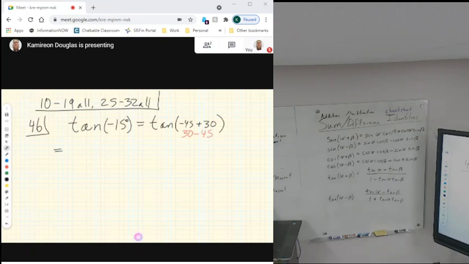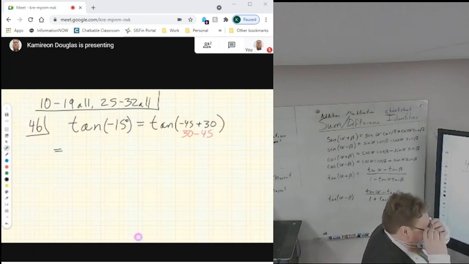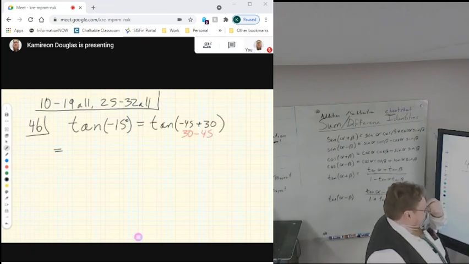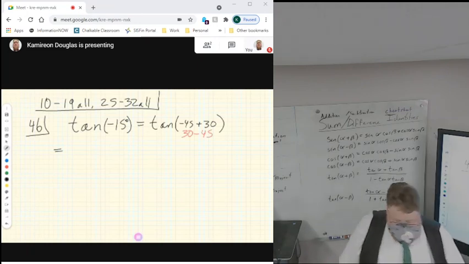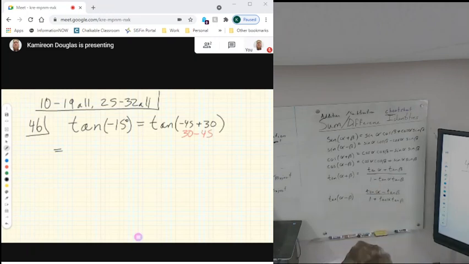So you requested a different approach. We're going to do 30 minus 45. As a reminder, the tangent ones are the most pain because you have to simplify as far as you can. Let's do it.